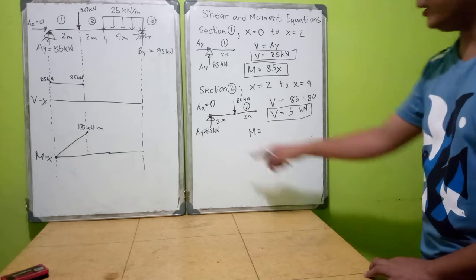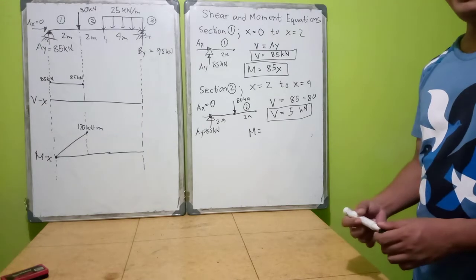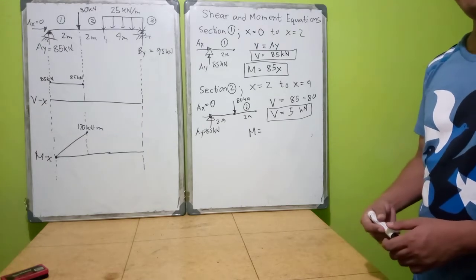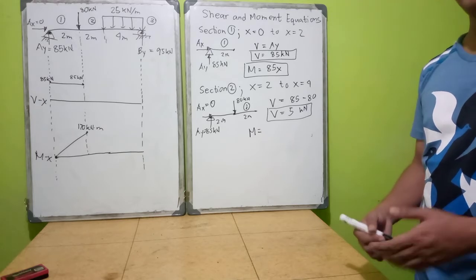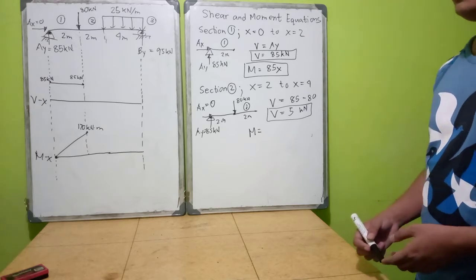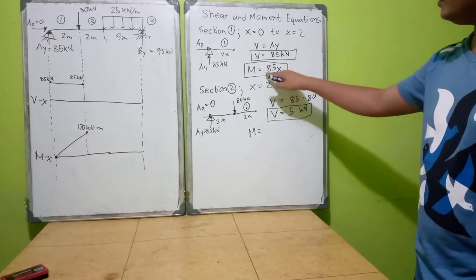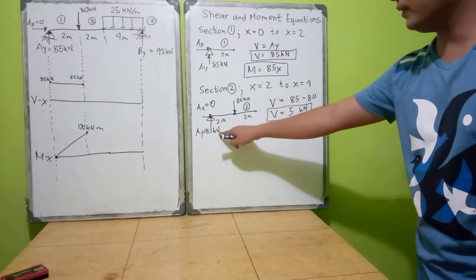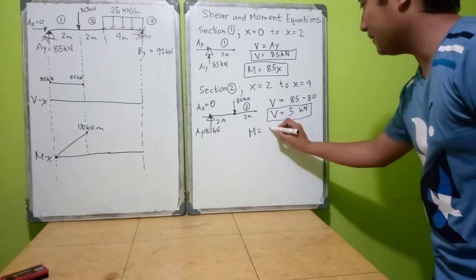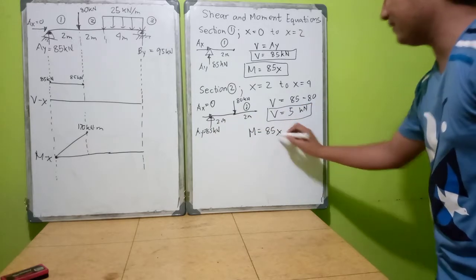One thing you should do is visit the table you found in our first video. We have 85 kilonewton acting at the support. So you have 85x.